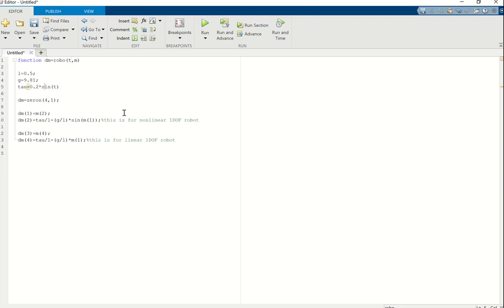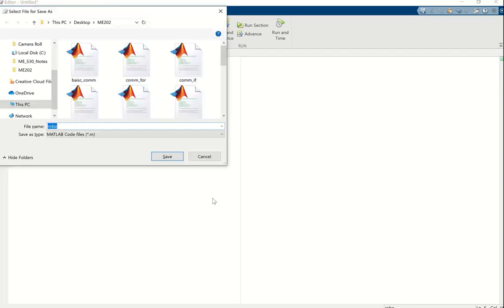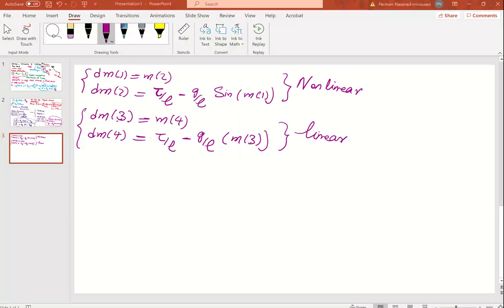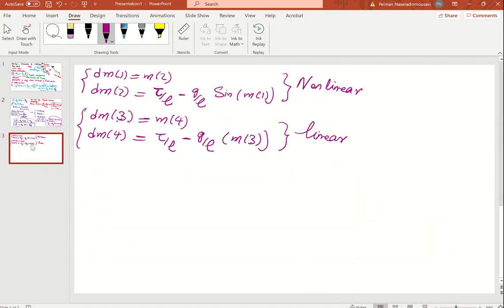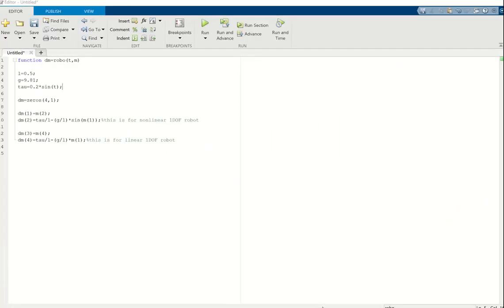So I want the applied torque to bounce like this, ding, ding, ding. This is what your robotic arm is doing when you are dancing, actually.